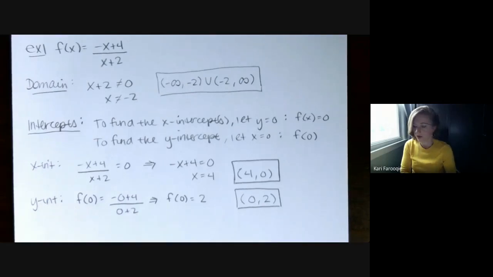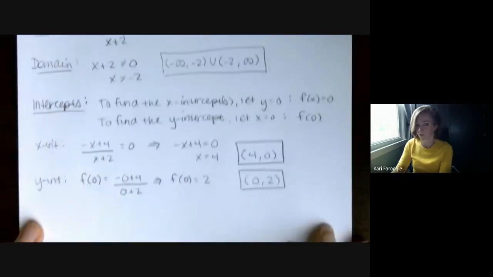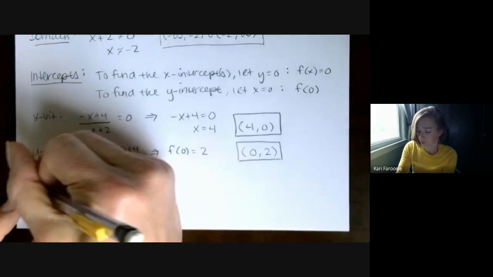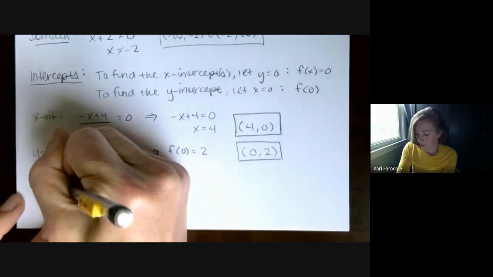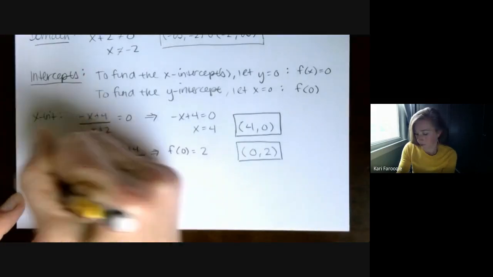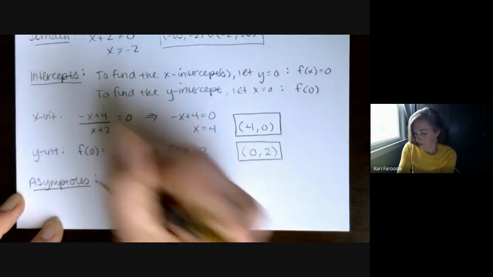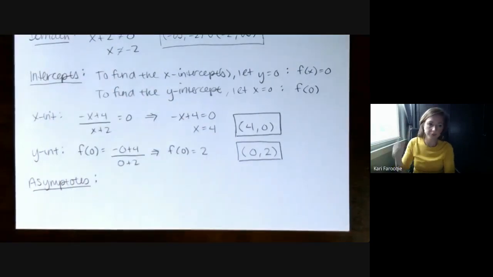Wonderful. The next thing we're going to do is identify any asymptotes. Now, the vertical asymptote, we shouldn't have a hard time finding at all.